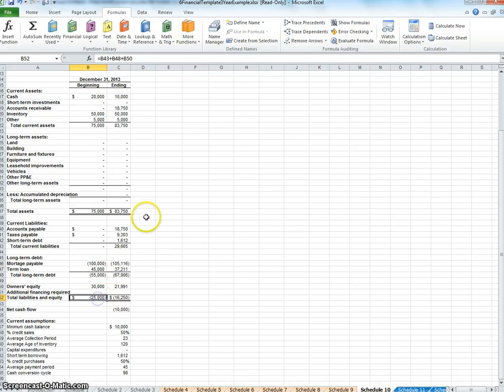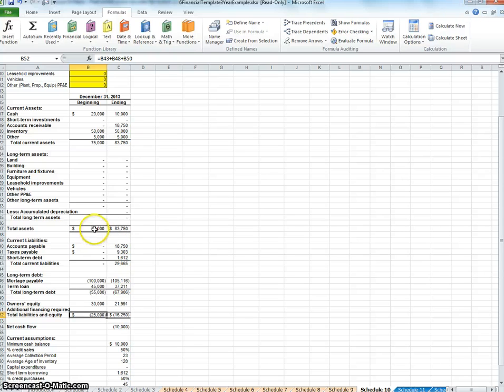So right off the bat, I'm looking to see if assets tie to liabilities, and they don't. So you remember, total assets should equal total liabilities and shareholders' equity, and it seems when I put mortgage payable, I inverted a sign. So this helps me troubleshoot.